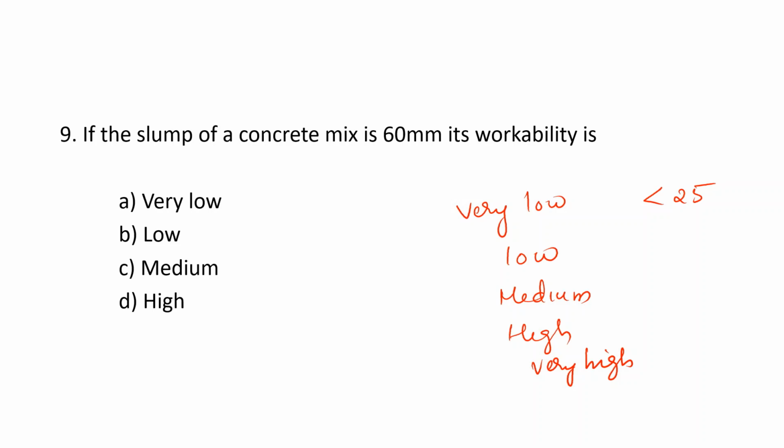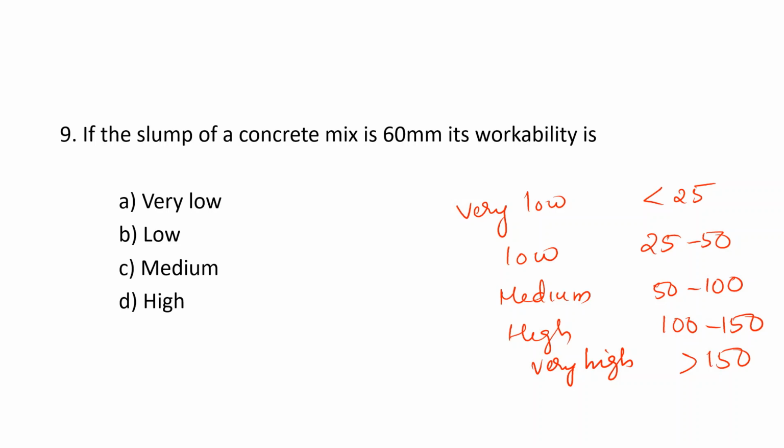Next, if it is 25 to 50, then its workability is low, and if it is between 50 to 100, it is medium workable concrete, and if it is between 100 to 150, it is high workable, and if it is greater than 150, it is very high. This is a table we studied during the workability test.